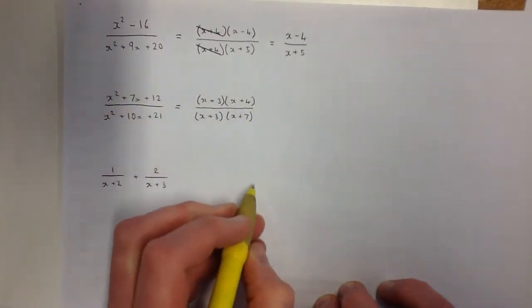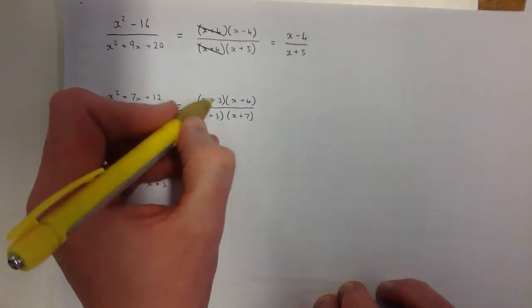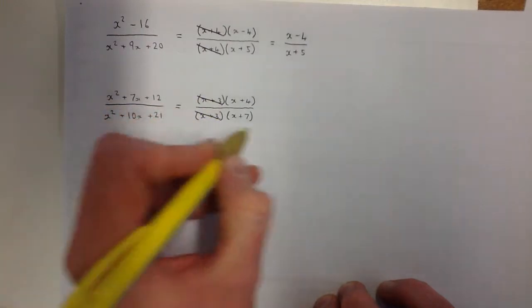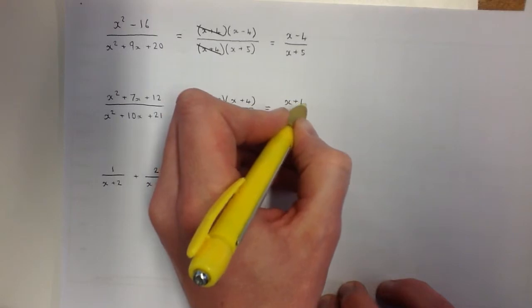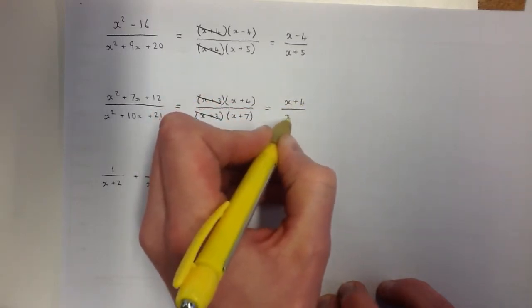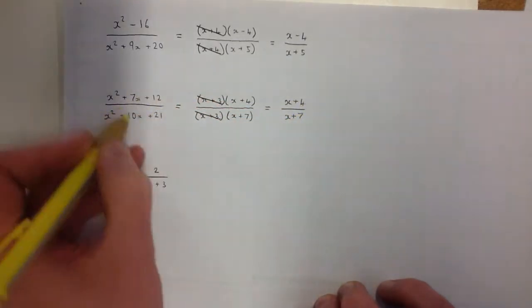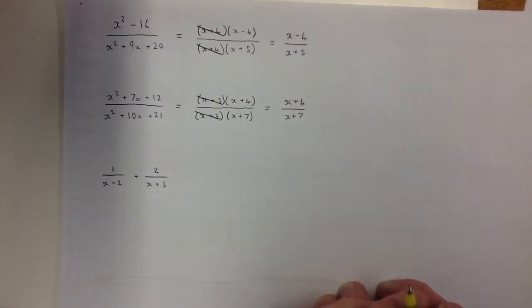Again, we're looking for anything that can cancel. We can see that these again are the same. Those can cancel out, which leaves us with at the top x plus 4 and the bottom x plus 7, which is a much simpler form, but the same fraction as this which we started with.